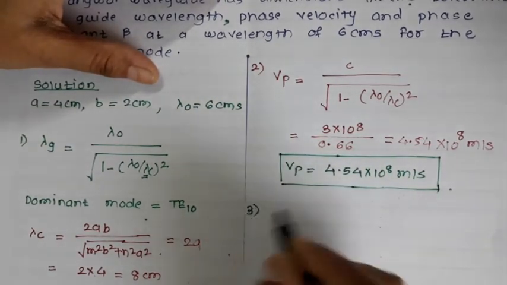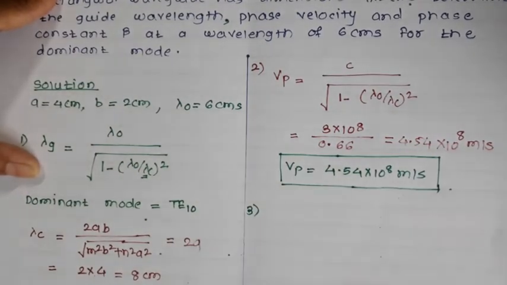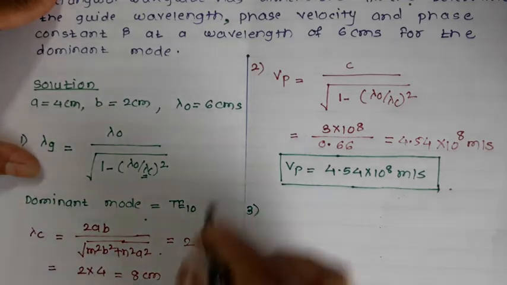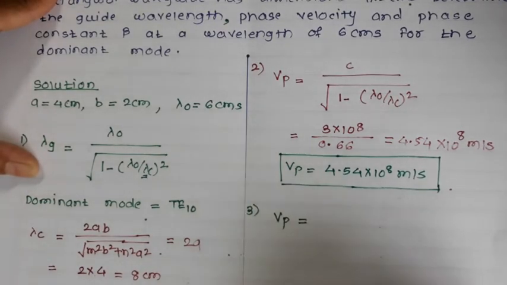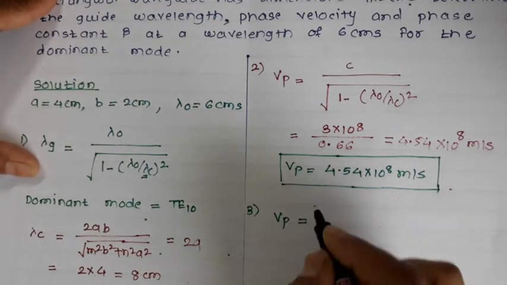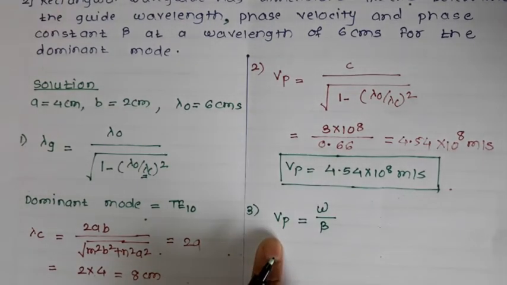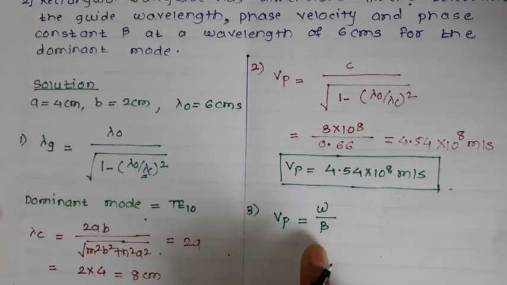The third thing which we need is the phase constant beta. We'll see a very simple definition, that Vp is equal to omega by beta. Phase velocity we have already calculated and we need here the phase constant. So if I have already calculated phase velocity, it will be very easy for me to calculate the phase constant.